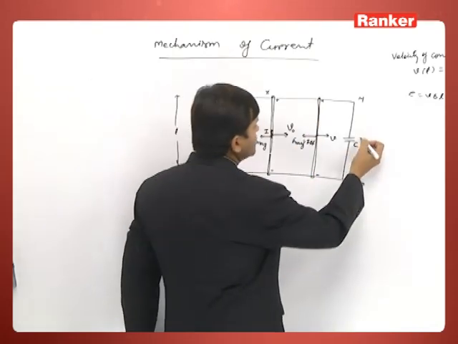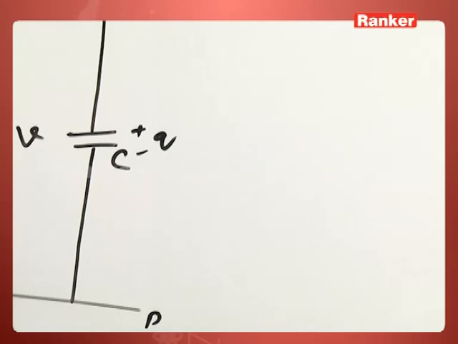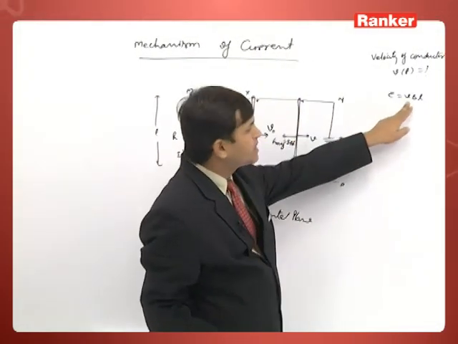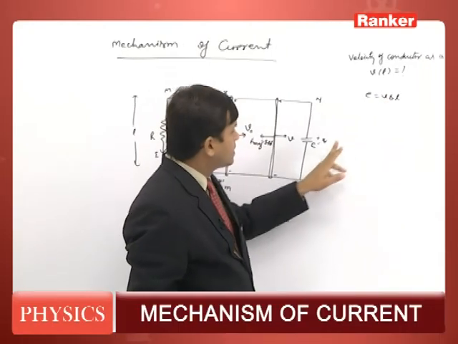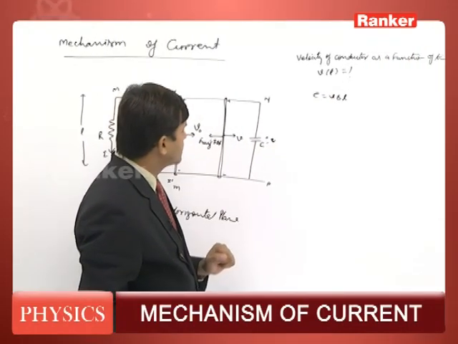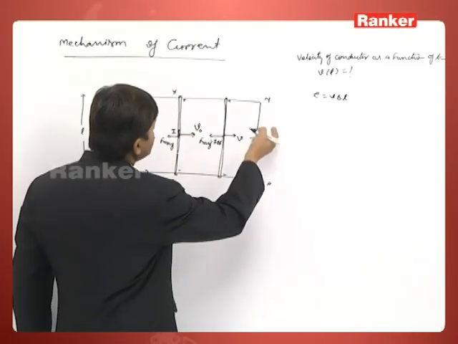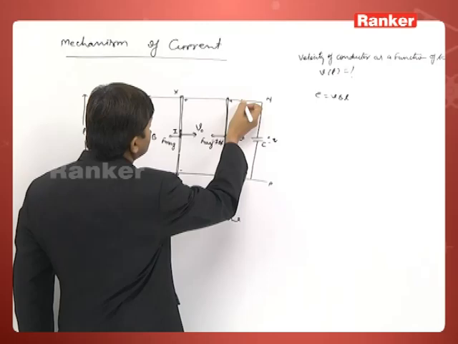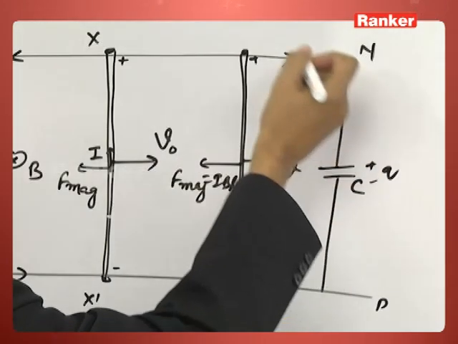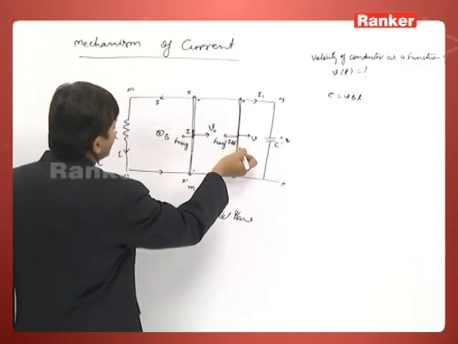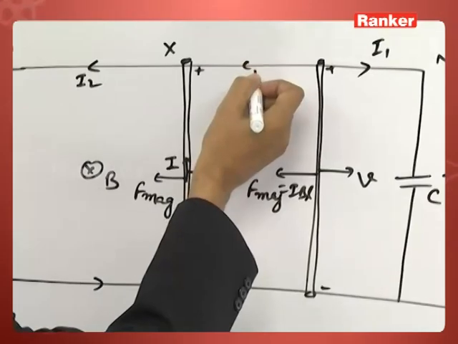In this some charge Q will be there, and as the potential across it continuously varies because V is changing, the charge will also change. When charge is changing, it means charge is flowing, so some current may be there. Let I1 be here, and here we can say I2.